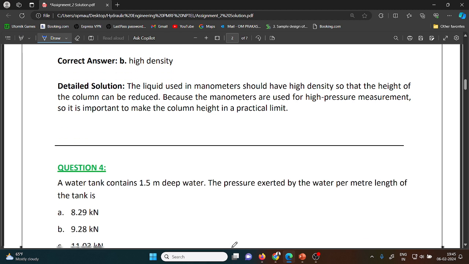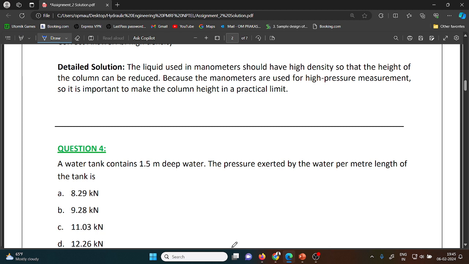Question number 4. A water tank contains 1.5 meter deep water.